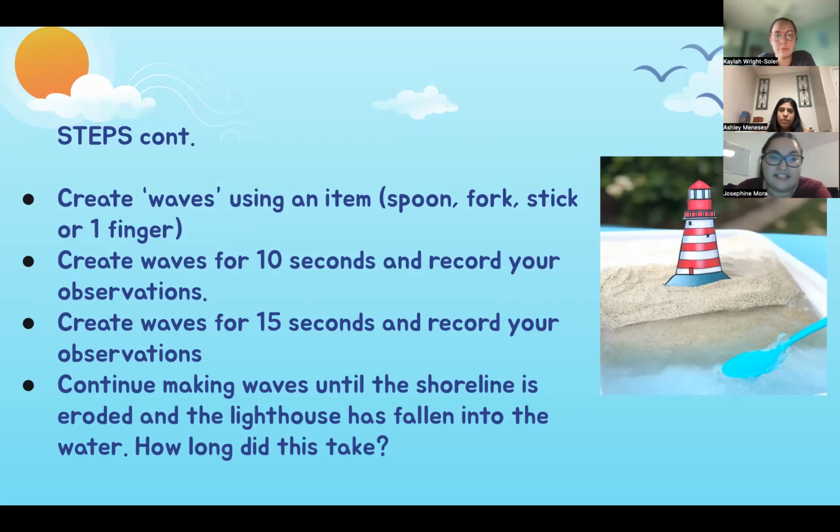Then after you have made the waves for 15 seconds, let's just keep going at it until our lighthouse has fallen over. Then we're going to talk about how long that took and what you had to do. Were the waves harder at the end when you were trying to make the lighthouse fall? What did you notice that you had to do to make the lighthouse fall?